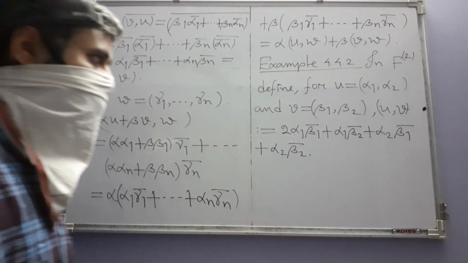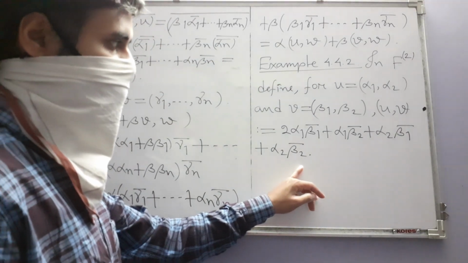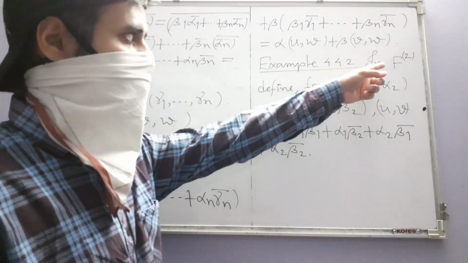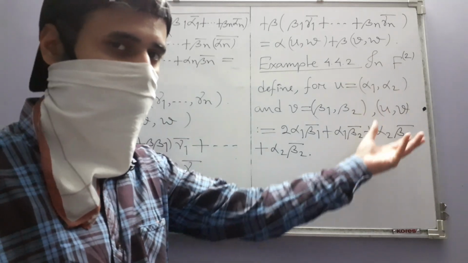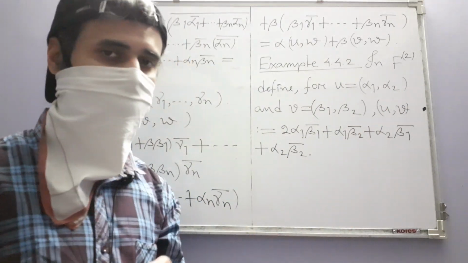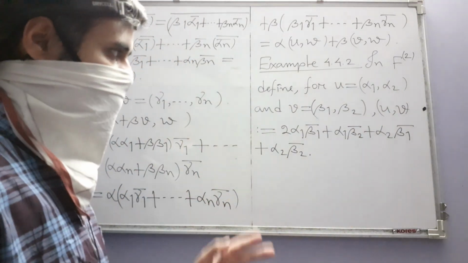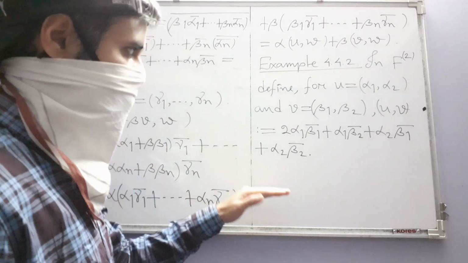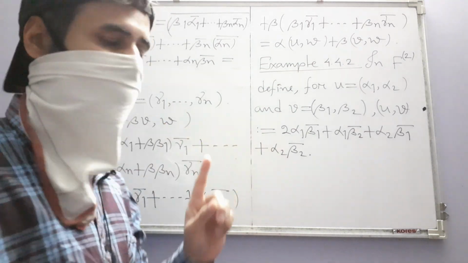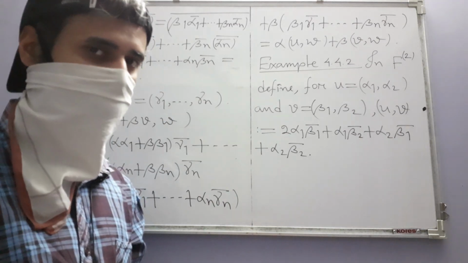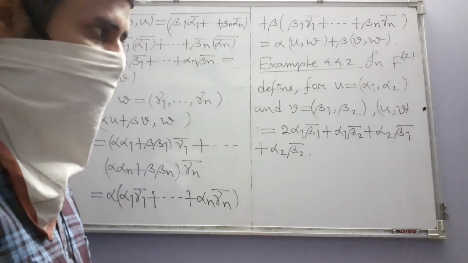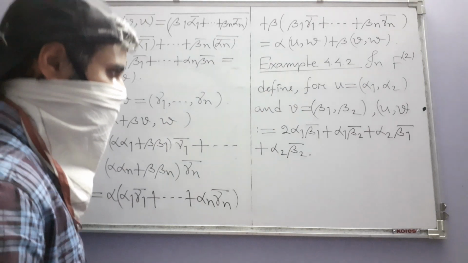Again, this function also has the form of an inner product in this vector space, but you have to of course verify the three properties. Out of those three properties, I will verify only one, and the second one and third one will be left to you because they are quite straightforward.